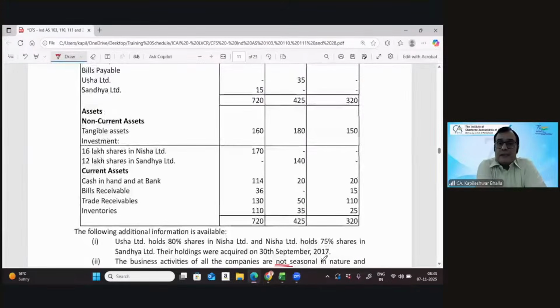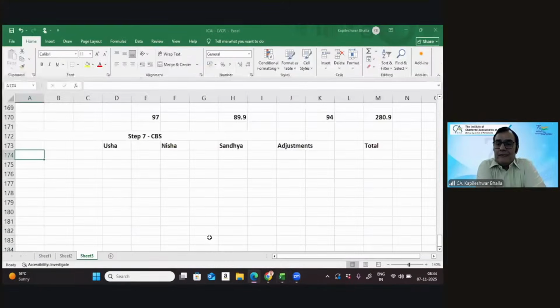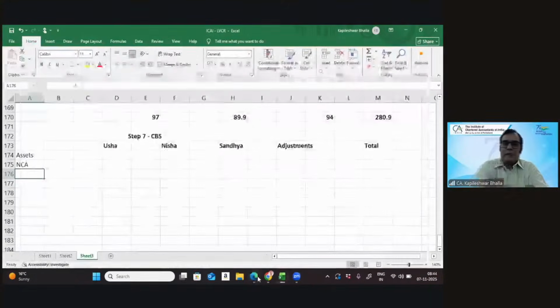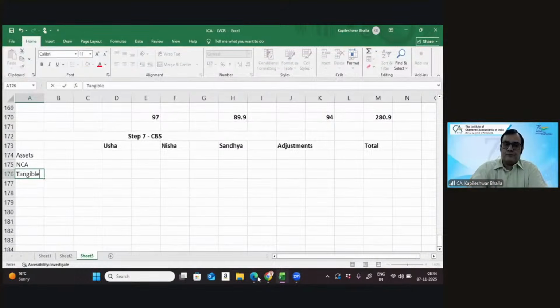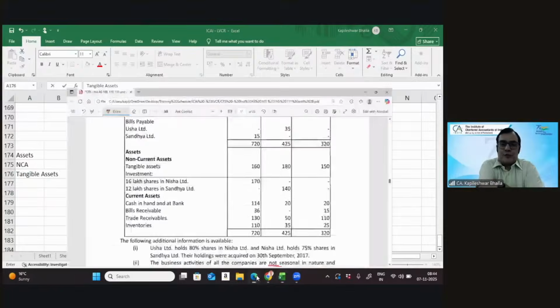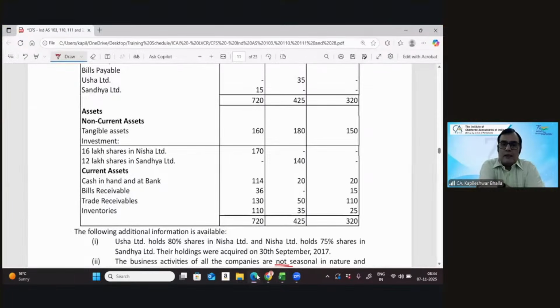So let's take on the asset side NCA. We take the assets. We got NCA, and within this NCA, we've got tangible assets. The investments will not appear in the balance sheet, of course. And that's it. There's nothing else out here.